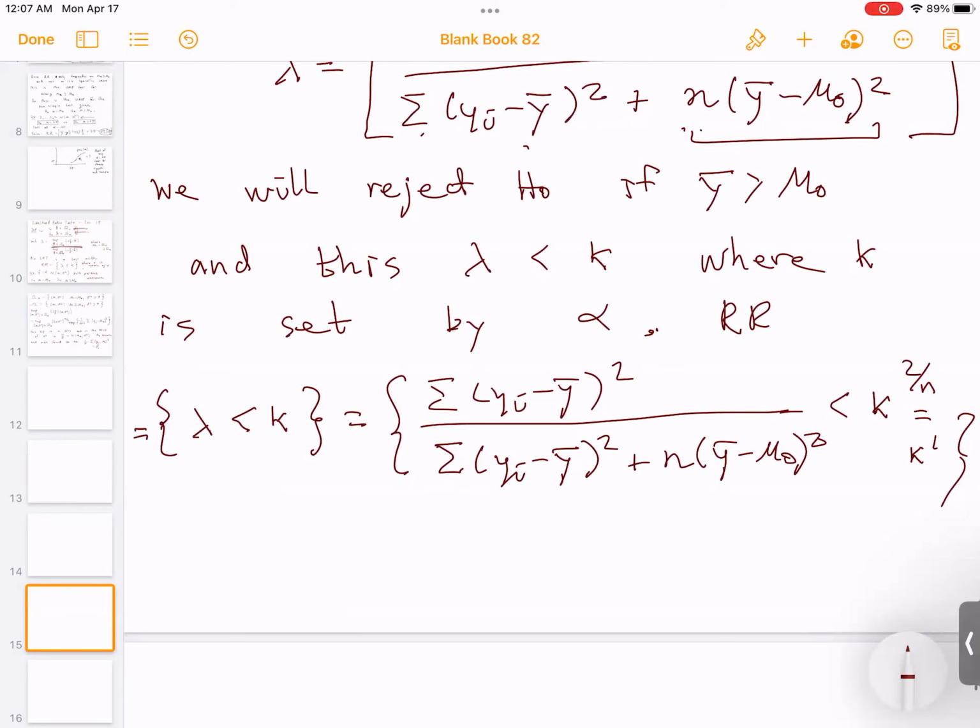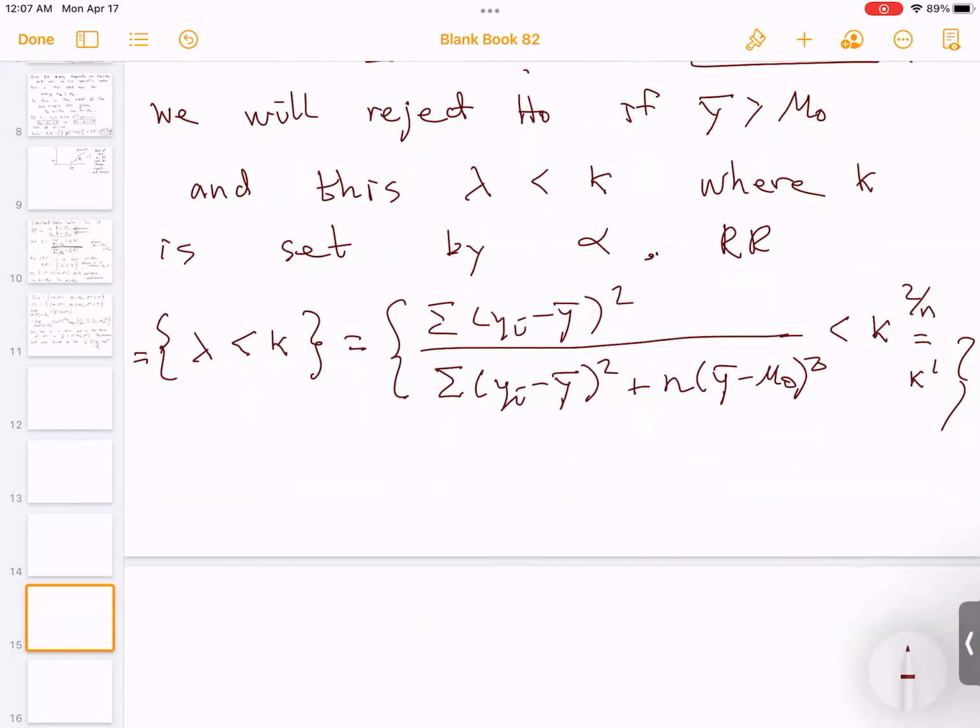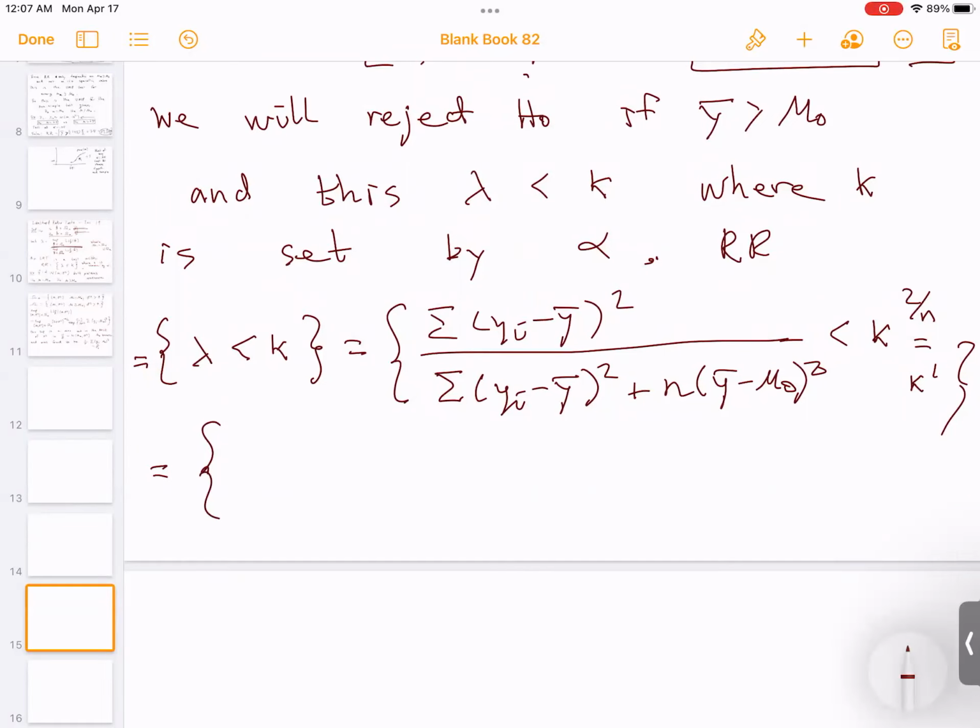Let's keep going. Let's just keep using this notation. I know it's a little silly, but let's divide everything by the numerator. So this is also equal to 1 over 1 plus n y bar minus mu 0 squared over the sum, less than k prime.